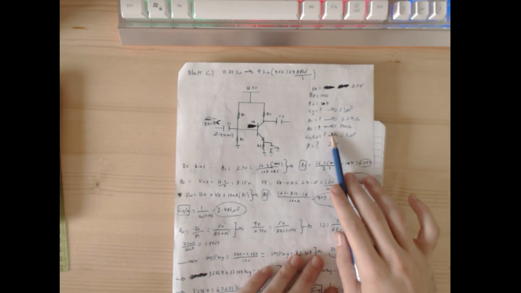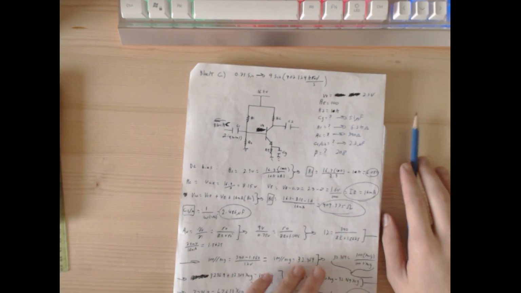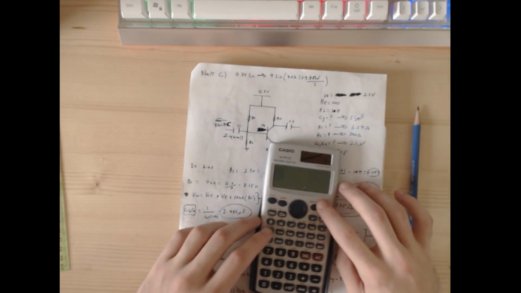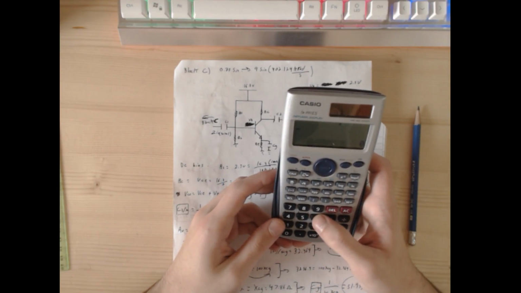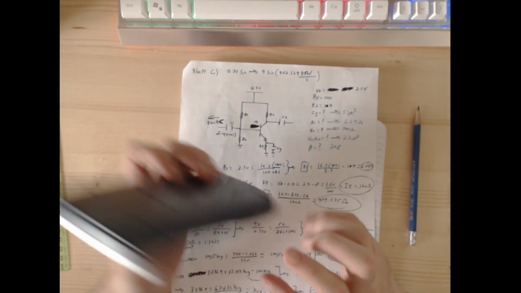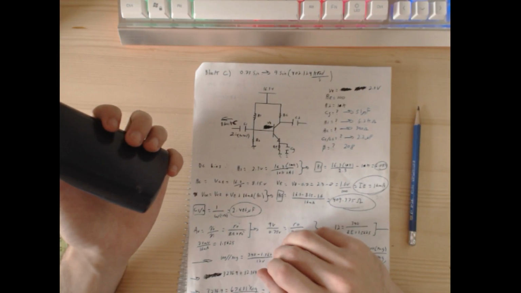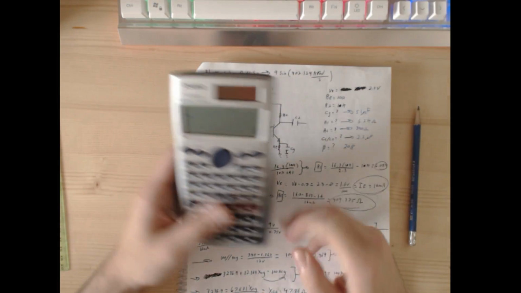And my R1 and R2 in parallel is 1K and 6.2K. So if we do it on calculator and we do product over sum, it has to be greater than 10 times R2.